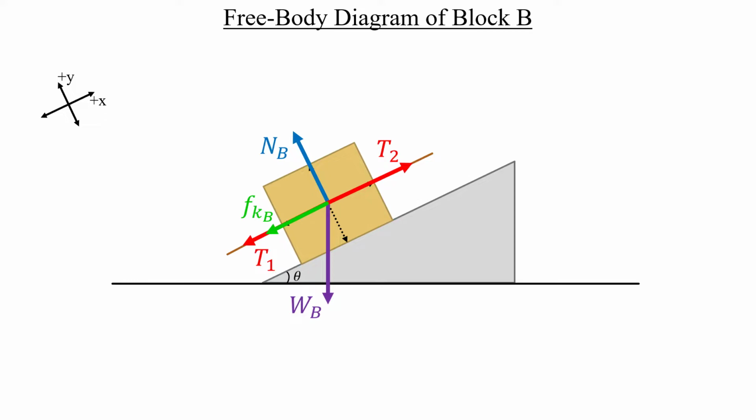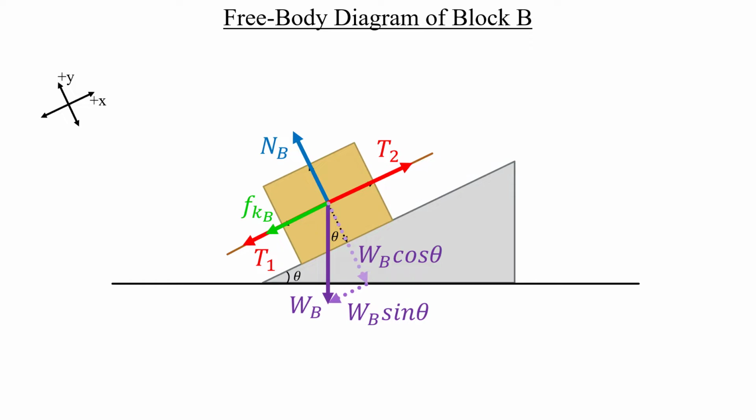Last thing to do is to break this weight vector up into components, as it doesn't lie directly along the minus y-axis. We can insert our angle here, which allows us to label the cosine and sine components of the weight in these locations, and part A is now done. Both free body diagrams are completed.